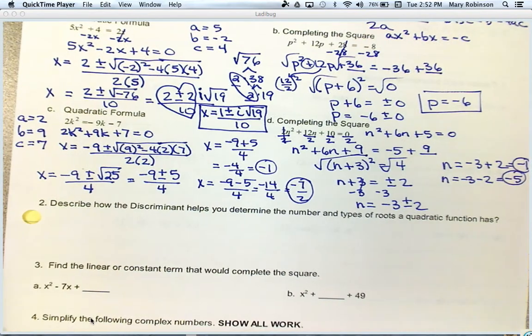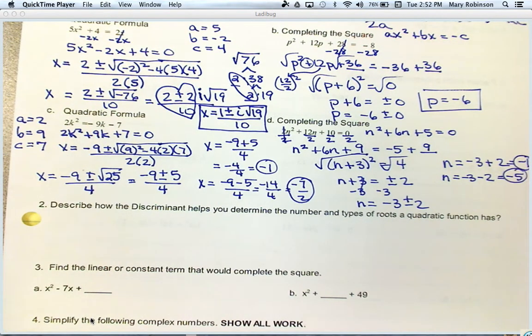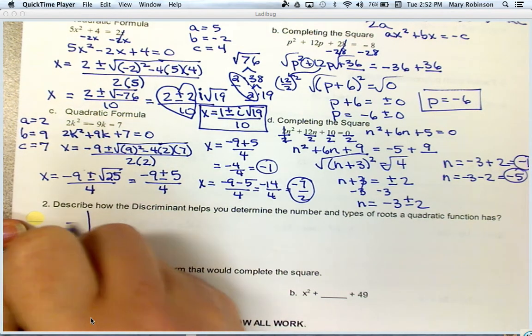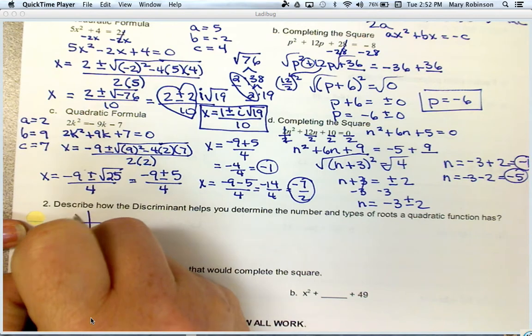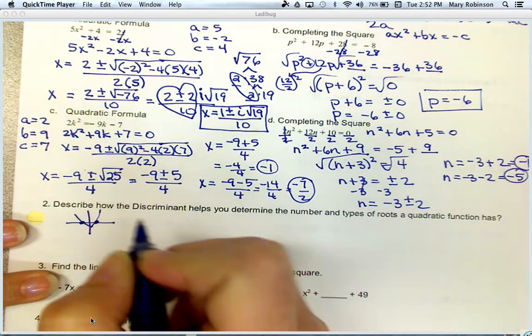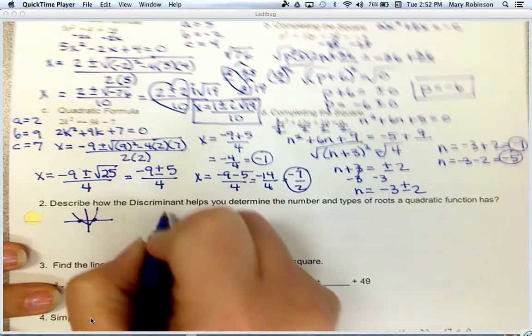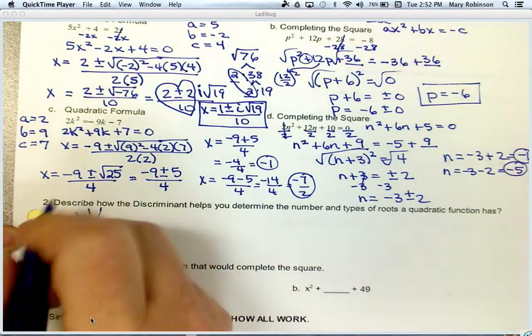Alright, so for 2 it says, describe how the determinant or discriminant helps you determine the number and types of roots. So remember, there's 3 possibilities. You could have a parabola that crosses the x-axis twice, and in this case, we know that our discriminant is positive.